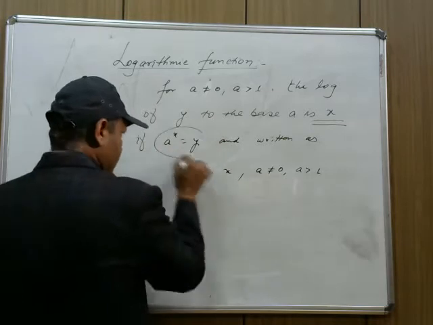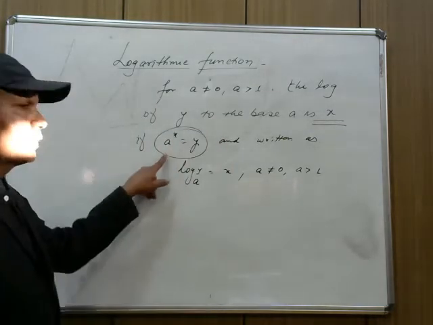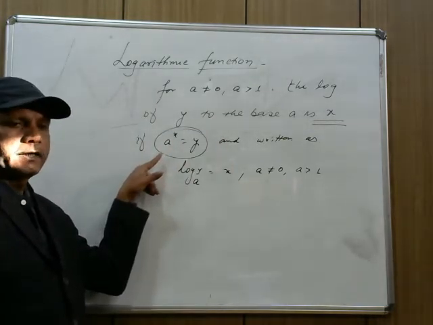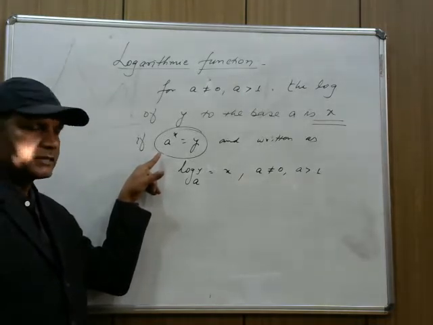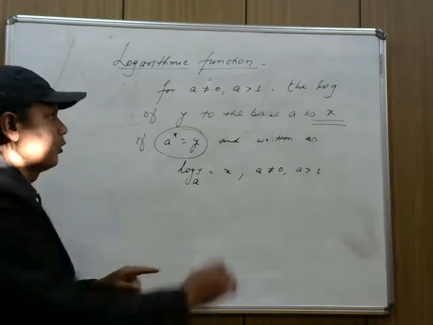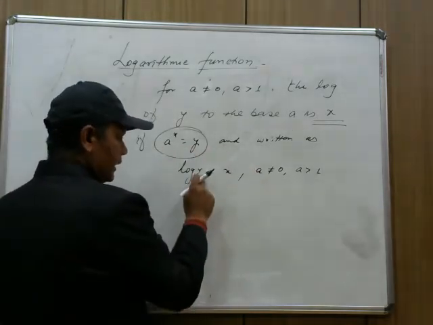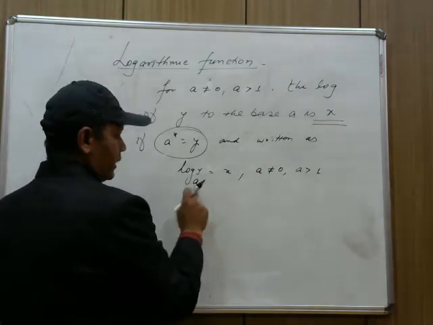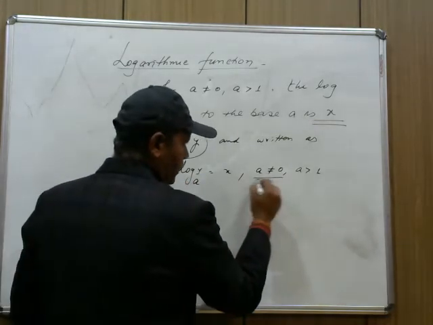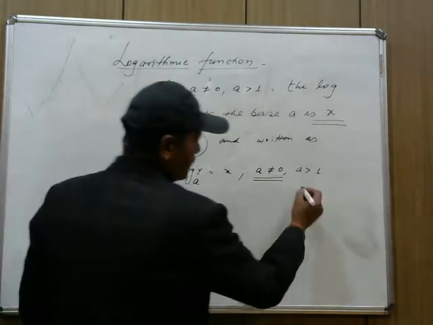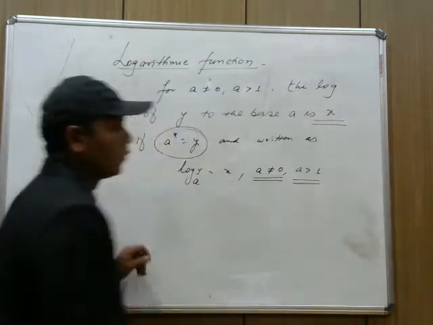If a to the power x is equal to y, what is that? A to the power x is equal to y is an exponential function. And the logarithmic function we write as log of y to the base a is equal to x, where this a, that means this base, should not be equal to 0 and it should be greater than 1.